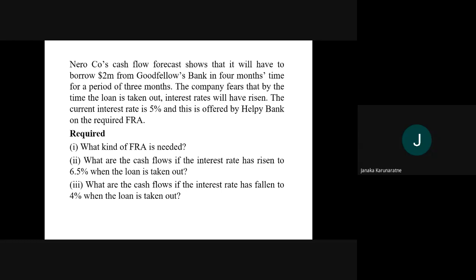The current rate is 5%, and this is offered by Helpy Bank on the required FRA. So what kind of FRA is needed? What are the cash flows if the interest rate has risen to 6.5% when the loan is taken out? What are the cash flows if the interest rate has fallen to 4% when the loan is taken out? Can you try for a few minutes to answer these questions?